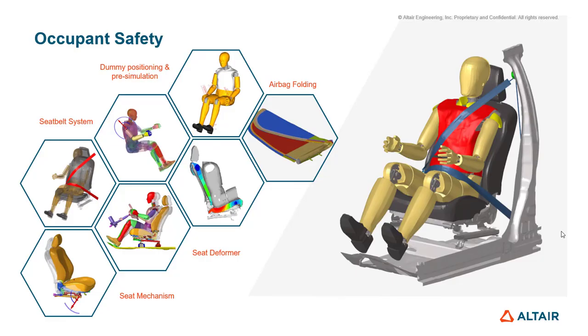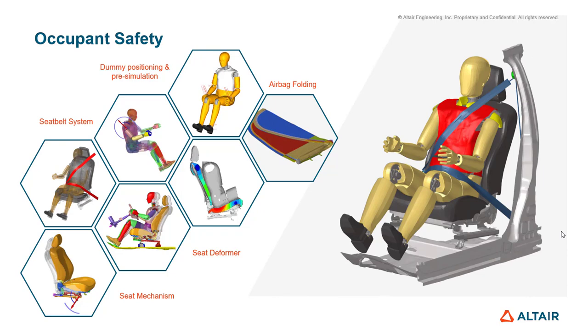So let's start with occupant safety. As you can see on this slide, there are various options available in HyperWorks for occupant safety. It starts with mechanism. It's a very intuitive tool and you can create the seat mechanism automatically or you can create it manually between two bodies.